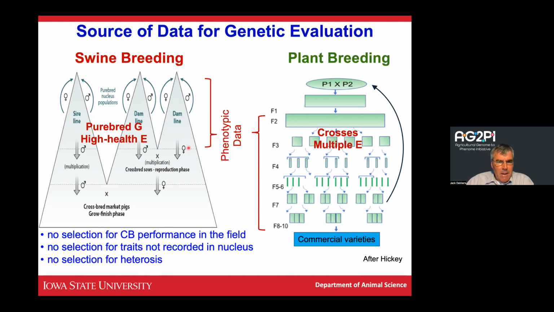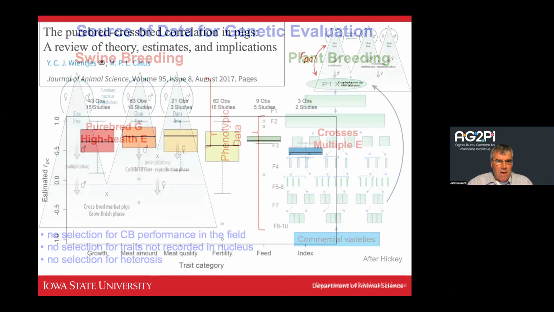And also, there's limited disease here, so it's very difficult to select for disease resistance. And also, this is selection on purebred performance, not selection on crossbred performance. So there's lots of challenges with that.